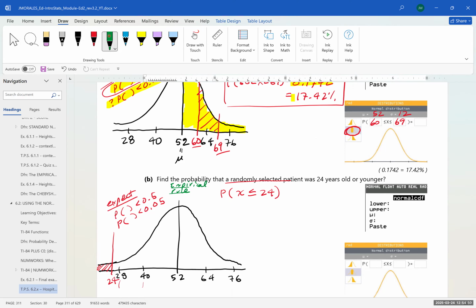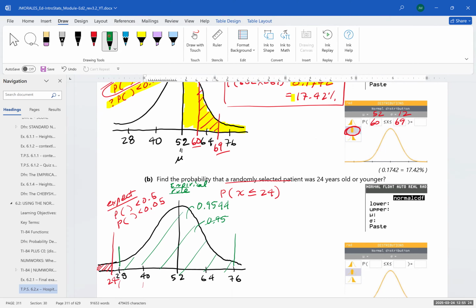So the empirical rule says that between two standard deviations from the mean, this area here is 0.9544. So if that area is 0.9544, it's not exact, but just for mental math, I'm just going to say 95%. Okay, that's close enough.